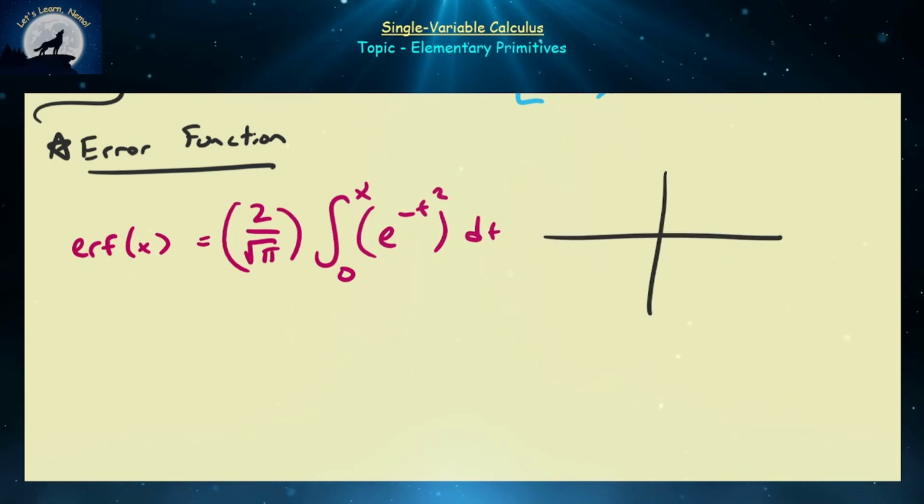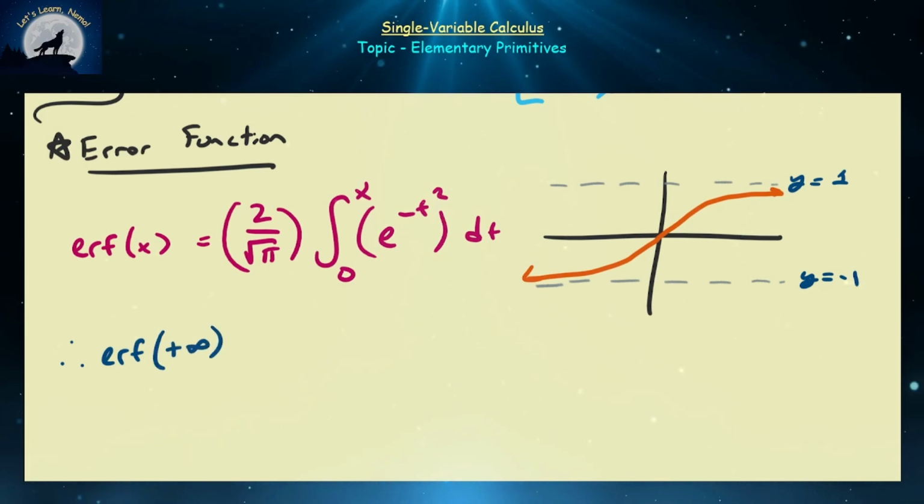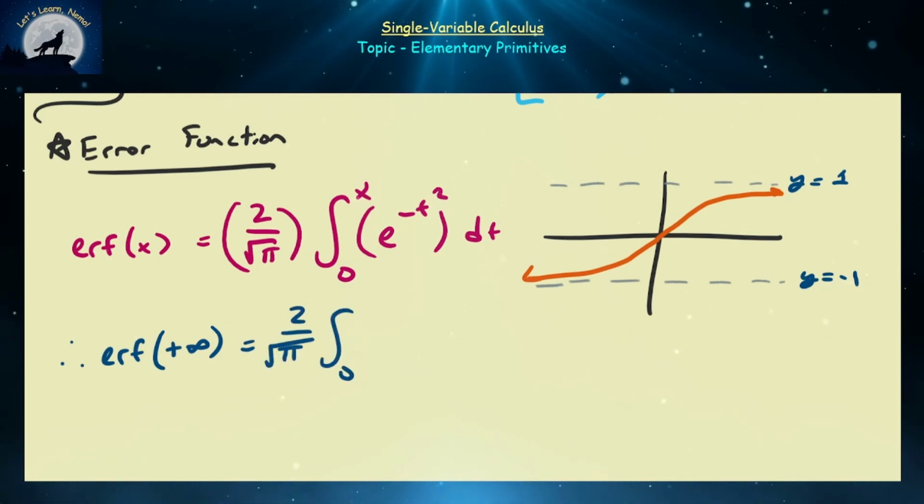A couple of graphical properties you might be able to construct from this particular integral. It's going to look like this. Horizontal asymptotes are not super hard to get: y equals 1 for the top and y equals minus 1 for the bottom. Those are truly horizontal asymptotes; they approach but never cross. So we can see, at least from the graphical side, that the limit as x goes to infinity of erf of x is equal to 2 over the square root of pi times the integral from 0 to infinity of e to the minus t squared dt.